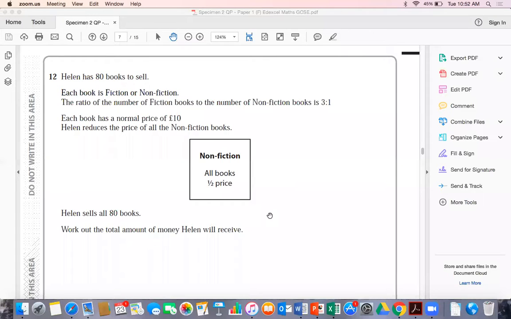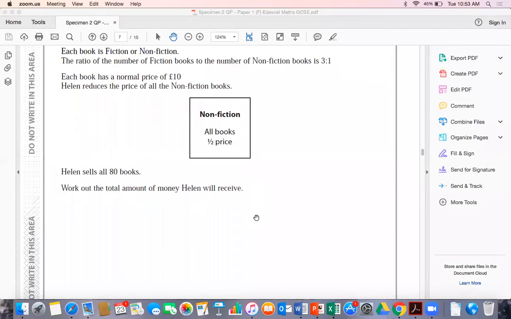Fiction to non-fiction is 3:1. Each book has a normal price of 10 euros. Helen reduces the price of all the non-fiction books to half, and then she sells the 80 books. Work out the total amount of money she will receive.